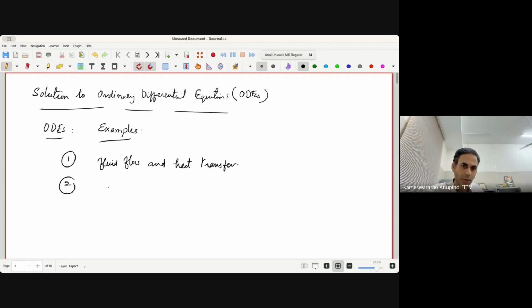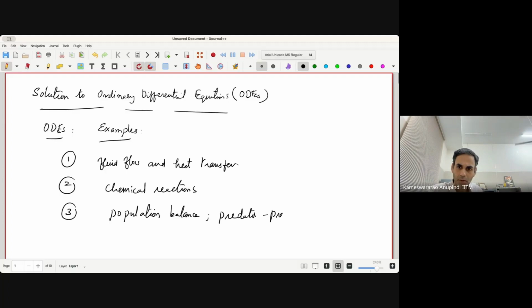And in solving chemical reactions, we see ordinary differential equations. And in solving population balance kind of models, or predator prey models, etc.